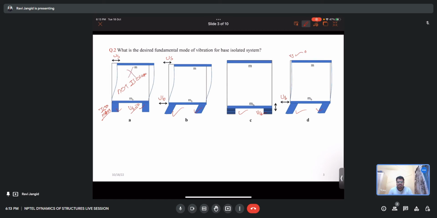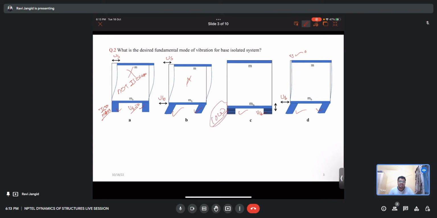Now in the second one, there is a deflection in the isolator UB, but there is significant deflection in the superstructure also. So that option is also discarded, because there should be a predominant deflection in the isolator. In the third option, there is a vertical deflection, which means the vertical stiffness of the isolator is low.